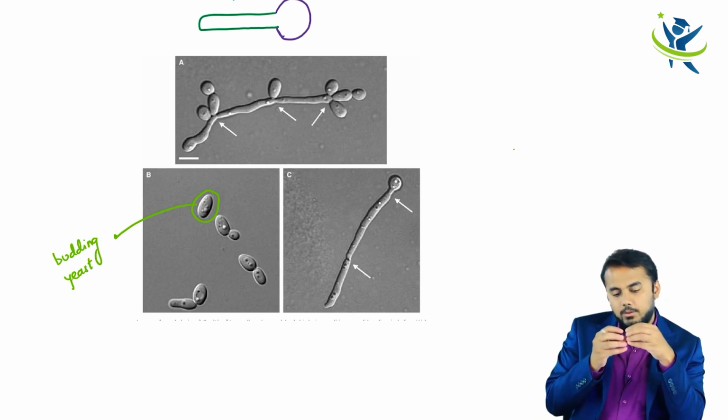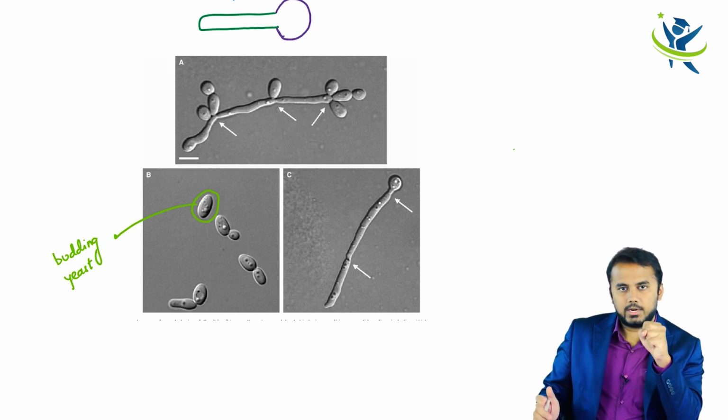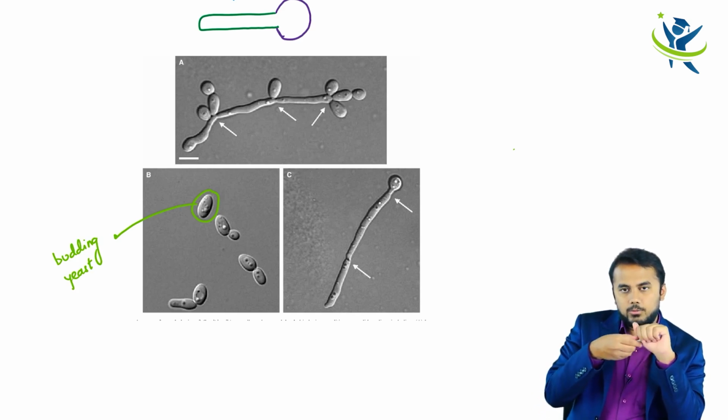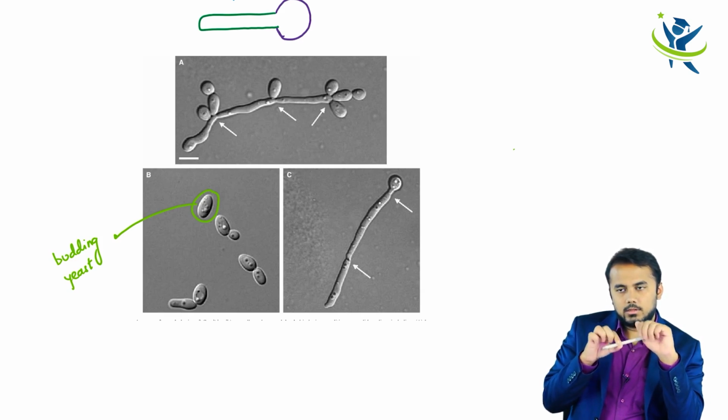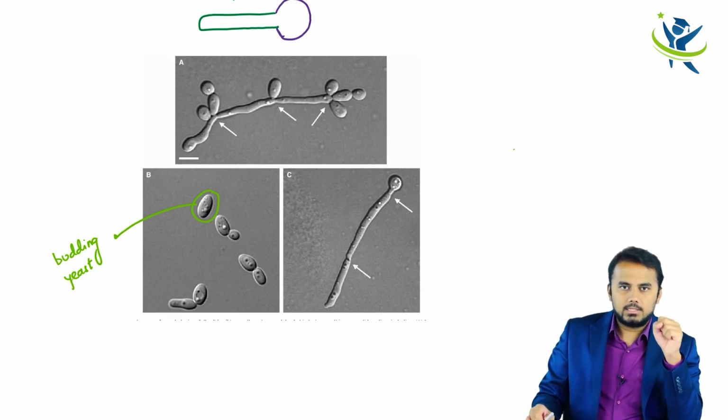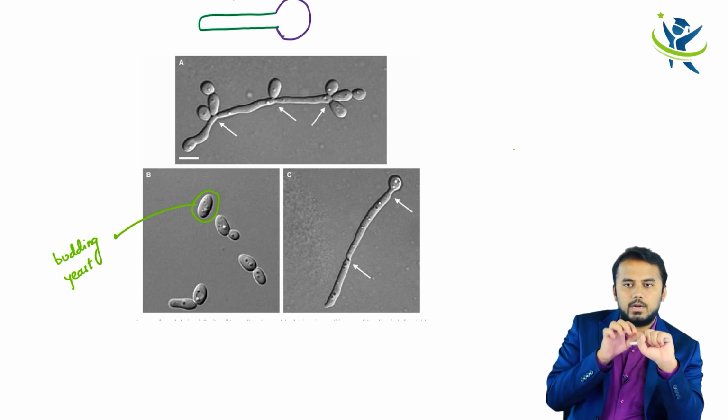From the terminal portion of a budding yeast cell, slowly a germ tube comes out like this.